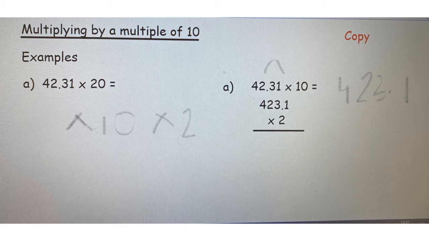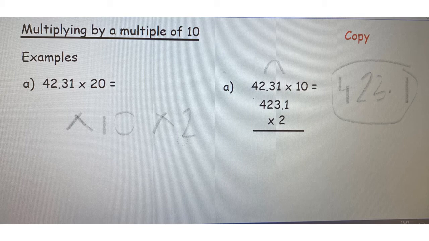Then that answer I'm multiplying by the 2 part from the question. So it's a 2 here because it was 20 over here. That's where the 2 comes from. And then you would just work that out in a chimney sum like you've been doing in the last lesson.